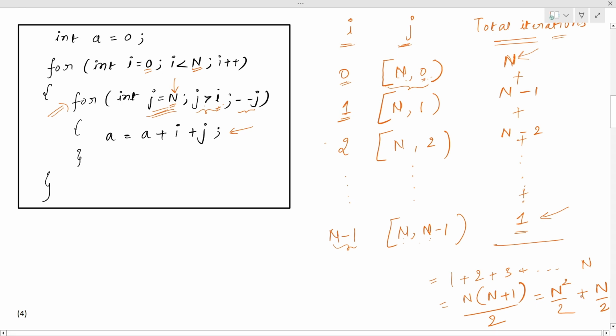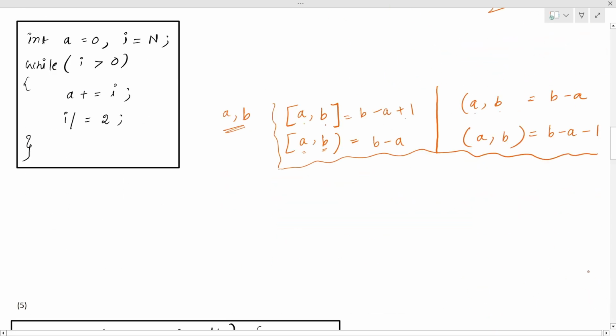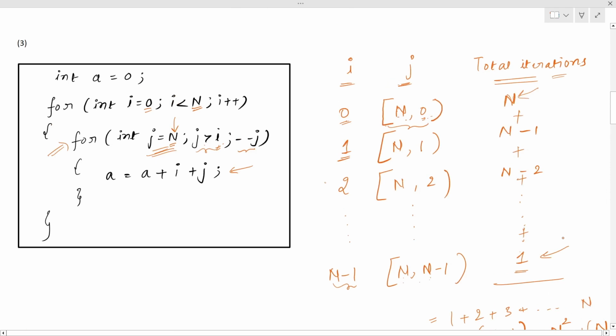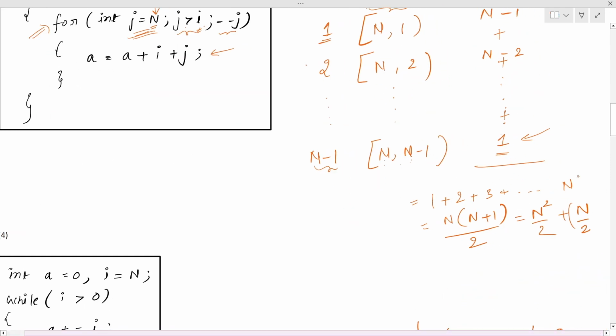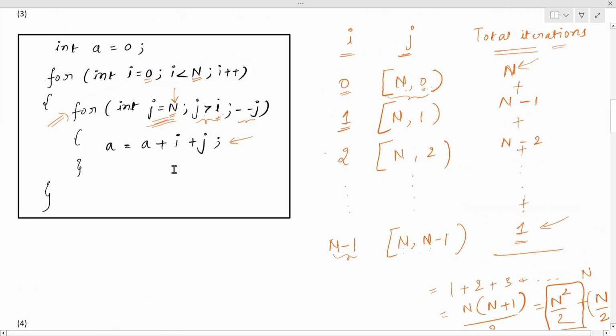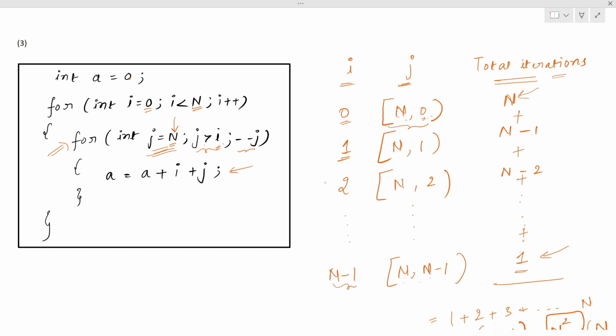If we neglect this n by 2, which is a lower order term, then what would be our answer? Our answer would be n square divided by 2. That means our answer is big O of n square. So for this code snippet, the answer is big O of n square, right?